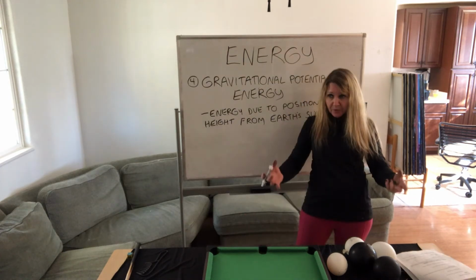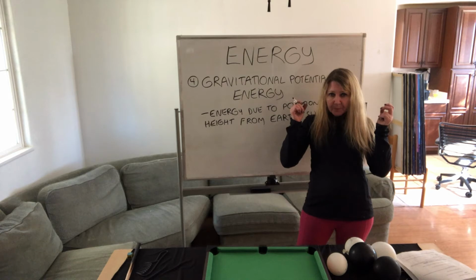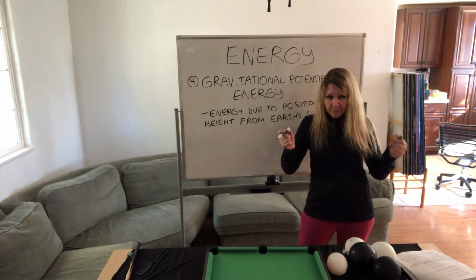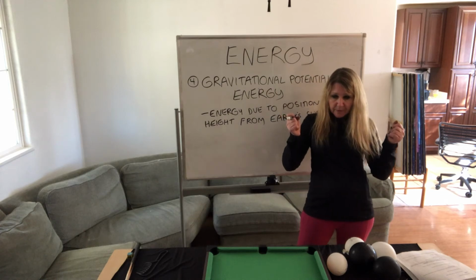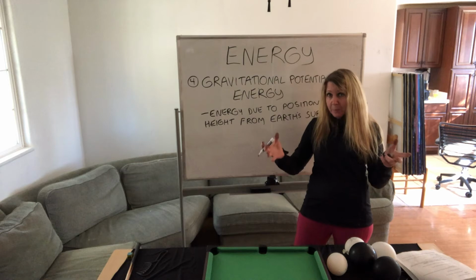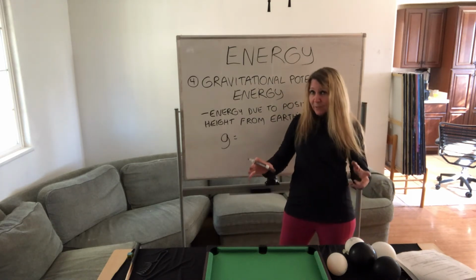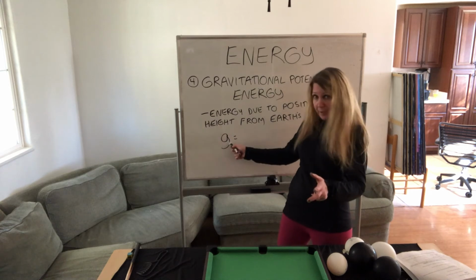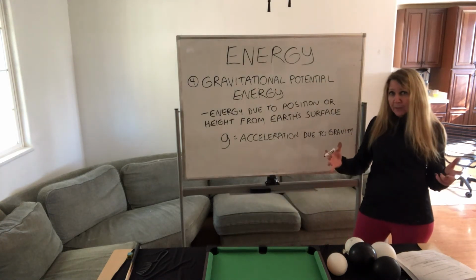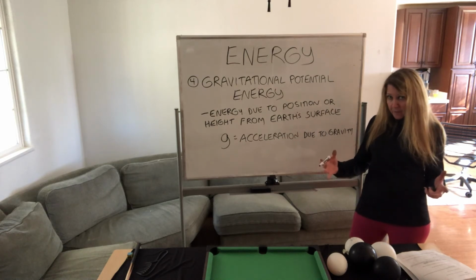So on Earth, there is a gravitational force that accelerates at a rate of 9.8 meters per second. This is the acceleration due to gravity, lowercase g. On Earth, it's 9.8 meters per second squared.